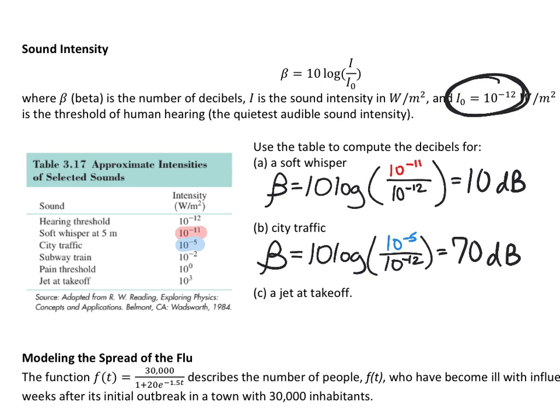Now, what about a jet? Obviously, a jet is going to be very loud to humans, right? That's why the guys who do the, you know what I'm talking about with my hands, are always wearing earmuffs, because the sound intensity of a jet at takeoff is way too loud. So let's figure out how loud it is. Beta is going to be equal to 10 times the log of, this time, 10 to the third power over 10 to the negative 12.